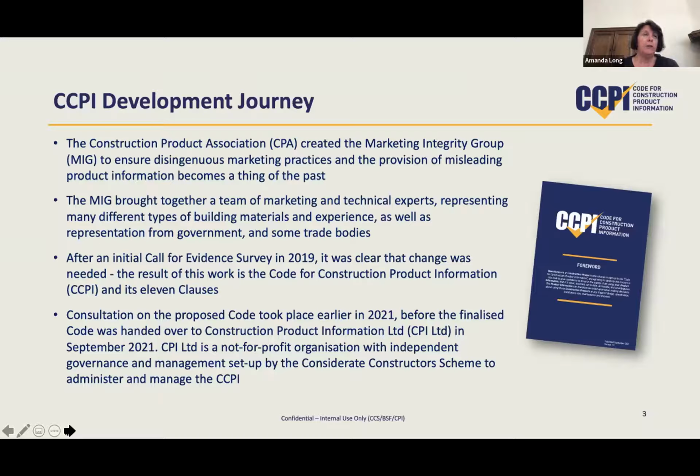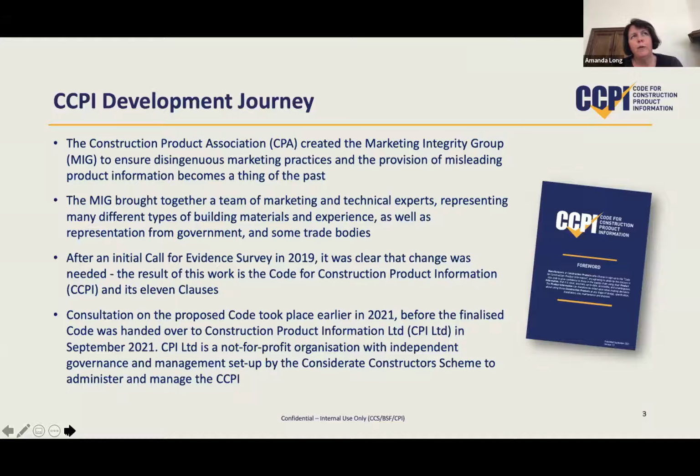So they created a thing called the Marketing Integrity Group, which brought together a whole team of marketing and technical experts coming from all the different aspects of construction products. So light side and heavy side, air conditioning, all the different elements, and they came together and looked at what the issues were.